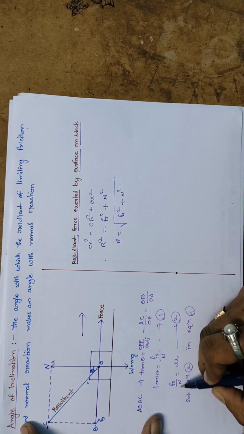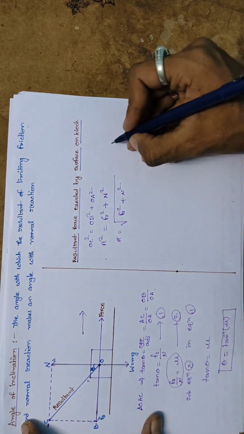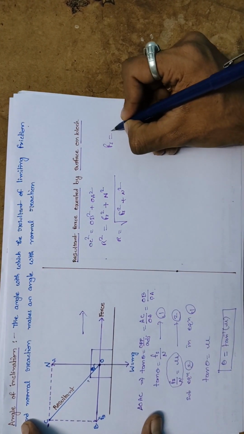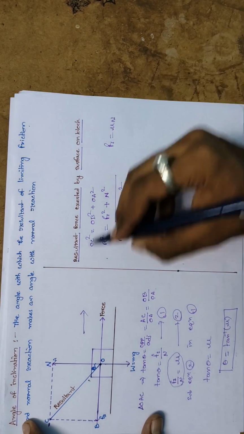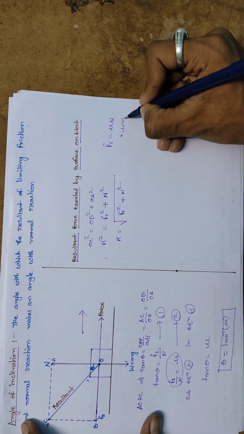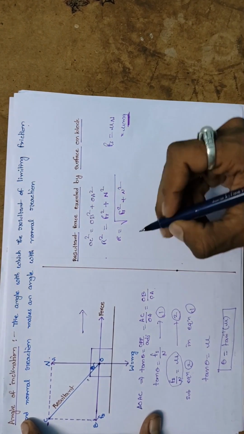Look here, this is Fs. Fs is equal to mu into N. Here normal reaction is balanced by mg, so Fs is mu mg. Instead of Fs, I use mu mg here.